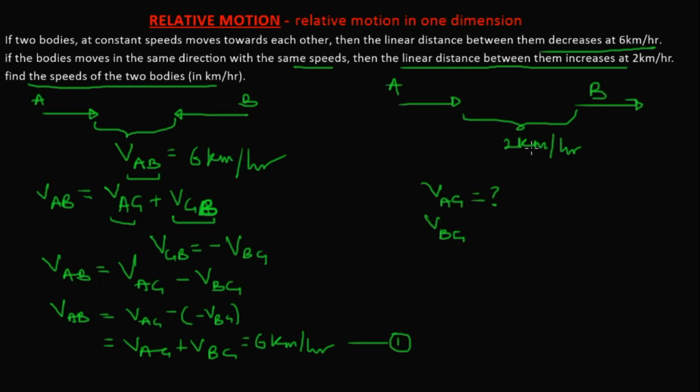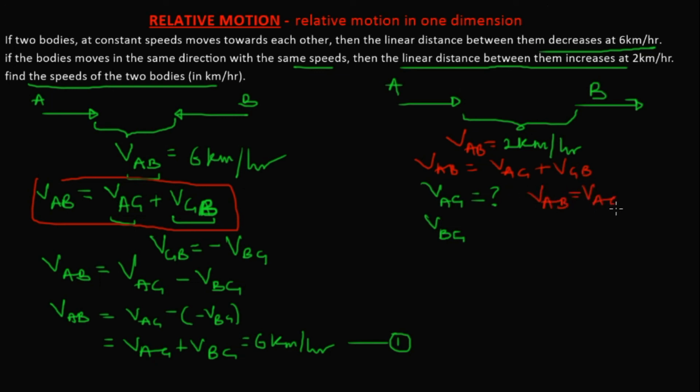So we can say that VAB, which is 2 kilometers per hour, from this formula, VAB is always equal to VAG plus VGB, but in this case we don't have VGB, we have VBG, so we can use VAB equal to VAG minus VBG.